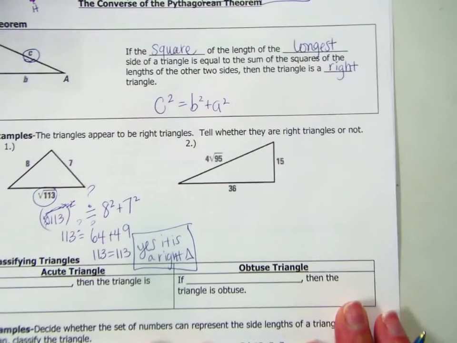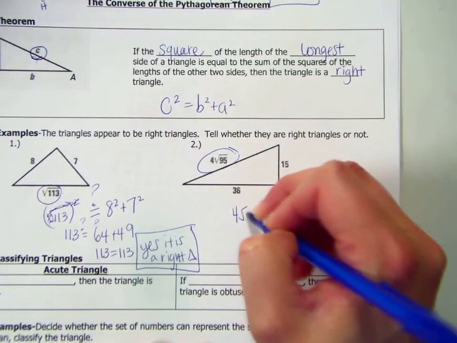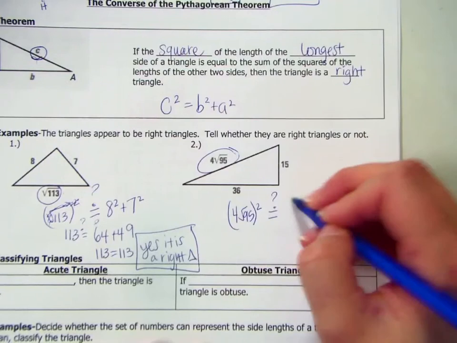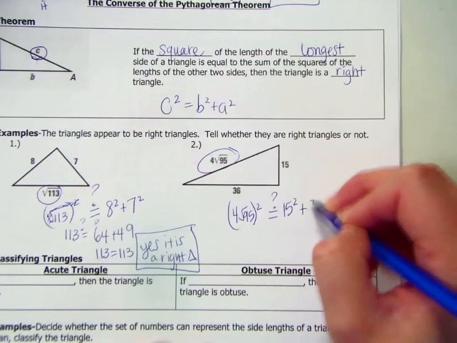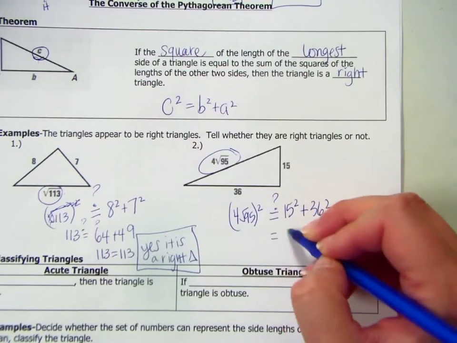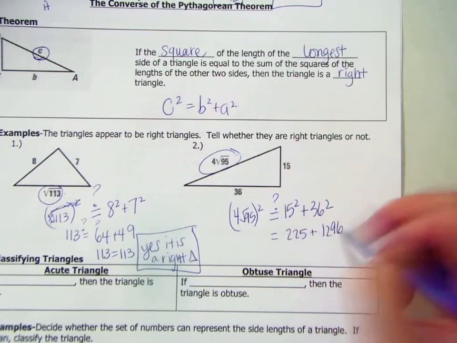On the second example, again, the longest side is 4 radical 95, so I'm going to square that. Is that equal to 15 squared plus 36 squared? 15 squared is 225, 36 squared is 1296.